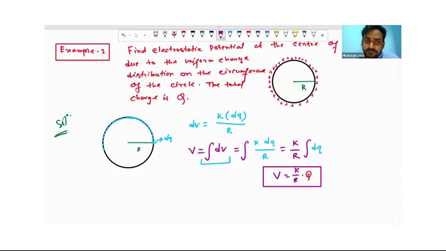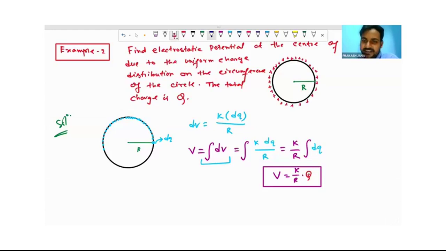Now let me point out one point. Here it is written that the charge distribution is uniform, but the total charge is q. Now if we distribute this total charge q not uniformly, still the potential will be kq by r only. Why?